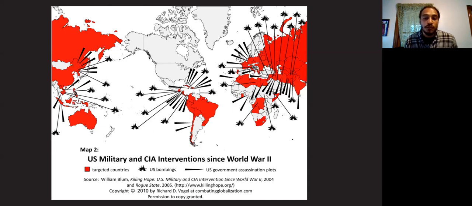We want control of trade routes. We want to be able to control other people's trade. So as long as we have some sort of ally, or the government is sympathetic to us, or their people are just terrified of us, then we get what we want in trade. And we can dominate these trade routes as far as we can.